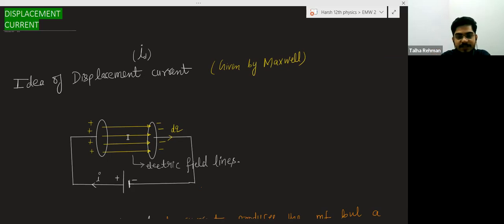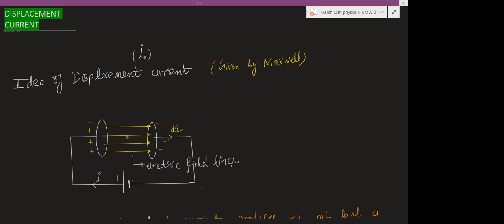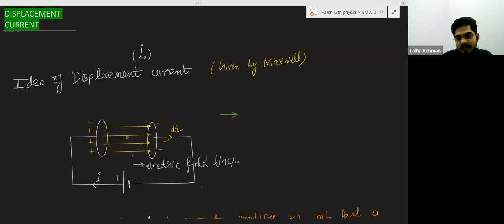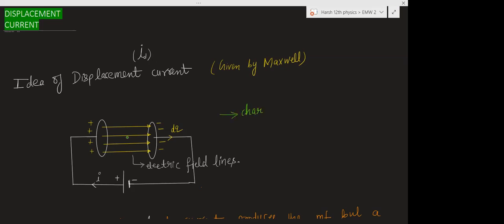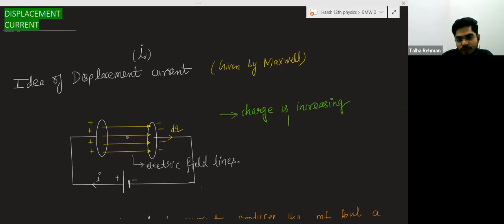And remember, charge is increasing on the plates of the capacitor. Due to this increase in the charge, the electric field is increasing.